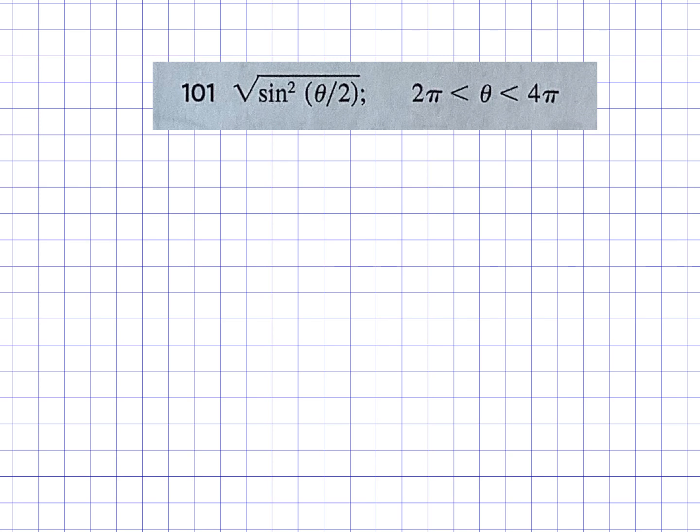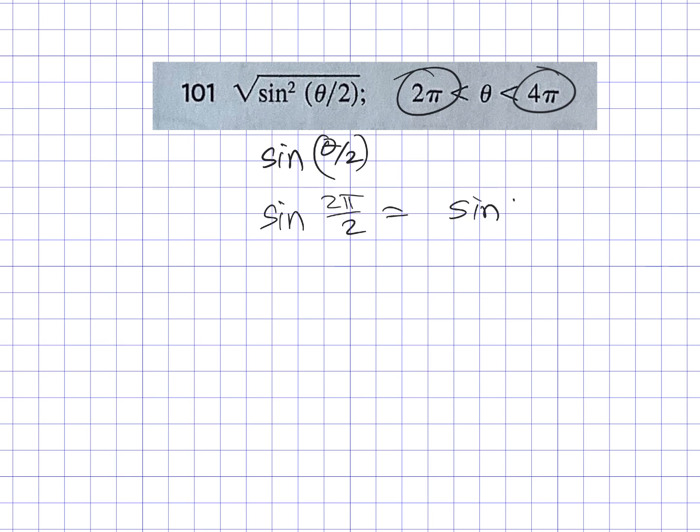Okay, so the square root of sine squared is going to be sine. And what's important here is we have theta divided by 2, which is what we're going to use this for. So between 2 pi and 4 pi. Well, if you plug 2 pi in, 2 pi over 2 is just going to be the sine of pi. Okay?